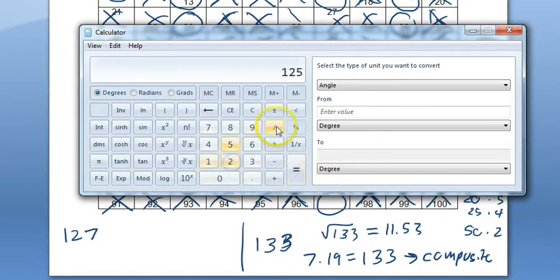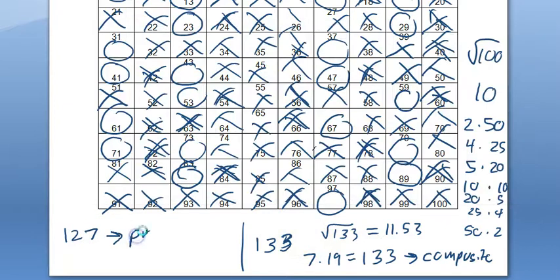Nope. 127 divided by 5? Nope. 127 divided by 7? Nope. What number do we have to stop at? Let's find out. The square root of 127 is 11.26. So the prime that's less than 11.26 is 11. So 127 divided by 11 is 11.54. That's it. This is a prime.